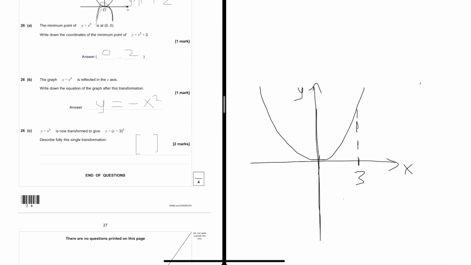So what we're going to say is, when x used to be 0, y was 0, wasn't it? But now, when x is 0, y is going to be 0 plus 3 squared, which is 9. So y is going to be 9. So now, when x is 0, y is going to be equal to 9, isn't it?